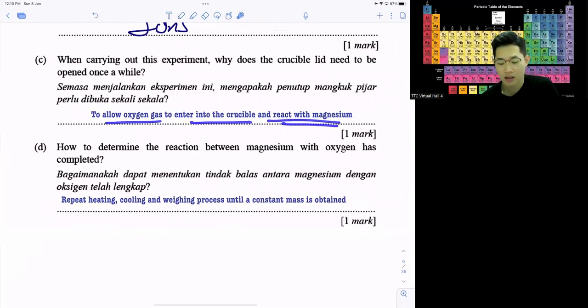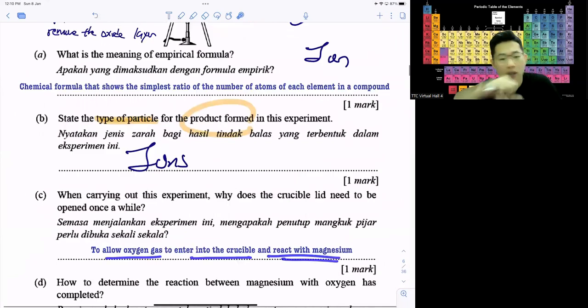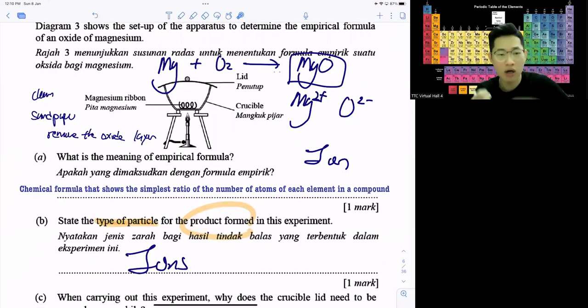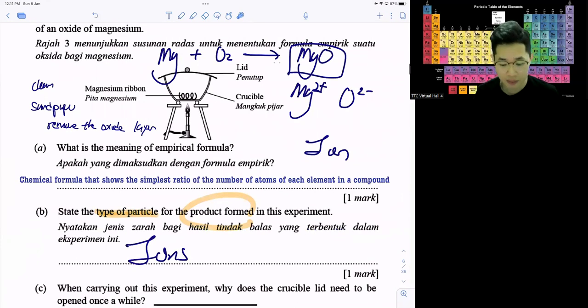But then, why don't we just open the lid? Since you want oxygen to react with magnesium, just open it. Then oxygen can always react with magnesium. So here comes the reason why we have to close it.